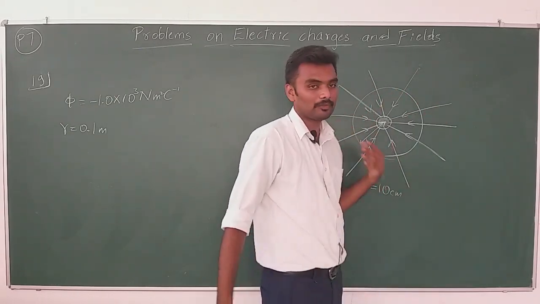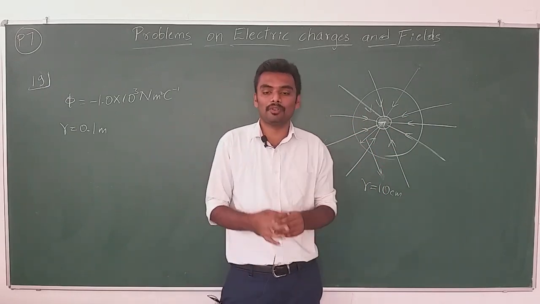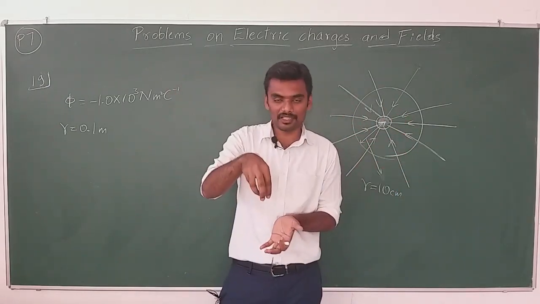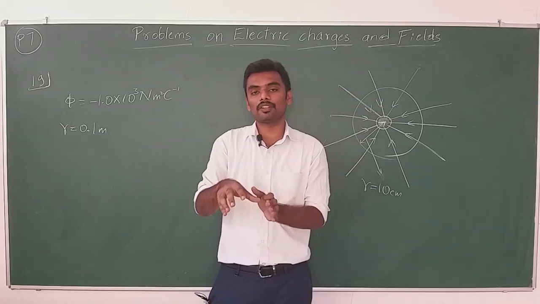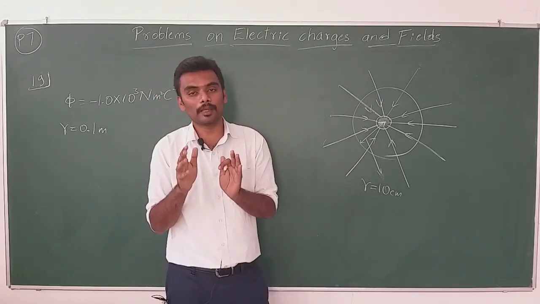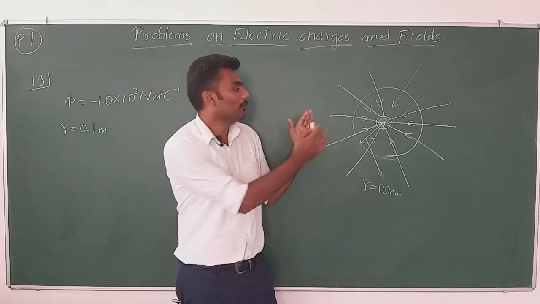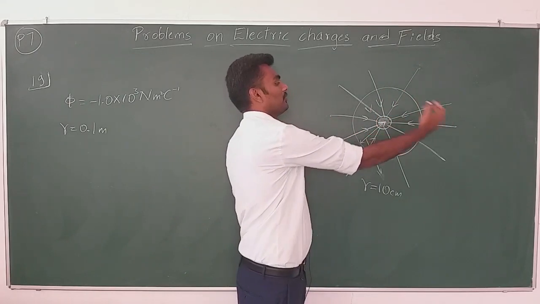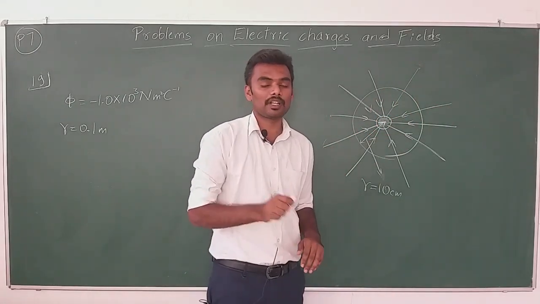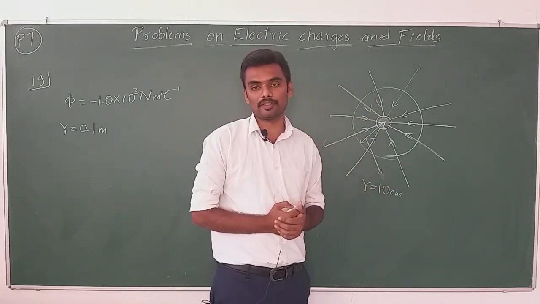In the previous problem, we had the shape of a cube, and you can take any random shape of the surface and put a charge inside it. Then the flux experienced by that surface is always the same, which is q by epsilon naught. Is that clear? So making the area of the sphere large won't affect the total flux experienced by that surface.